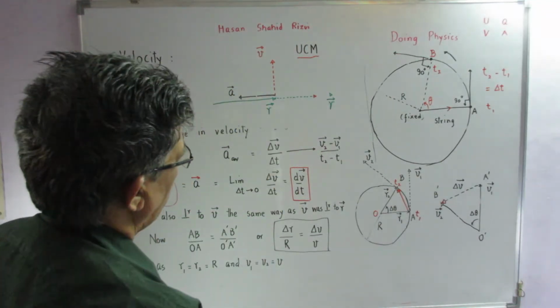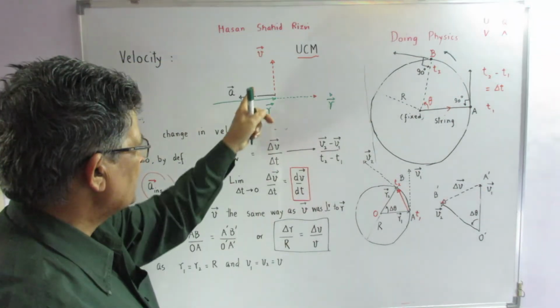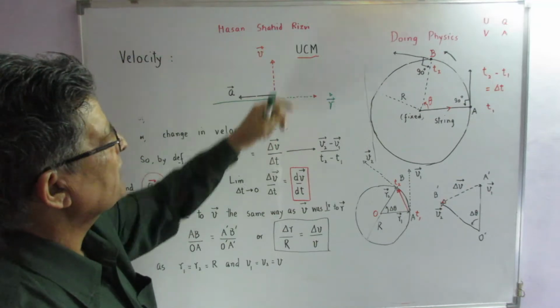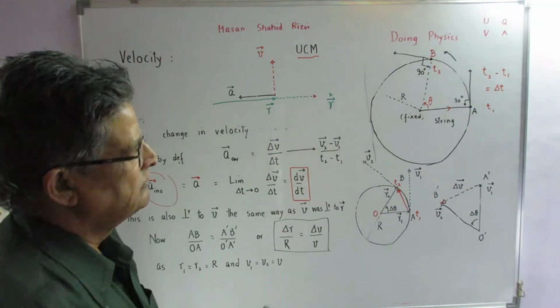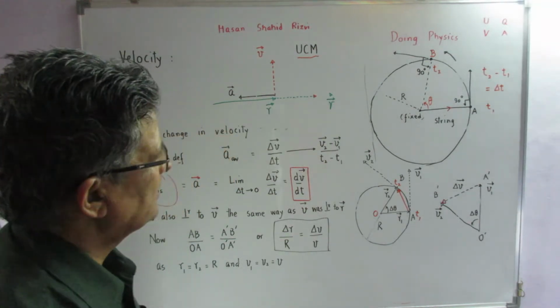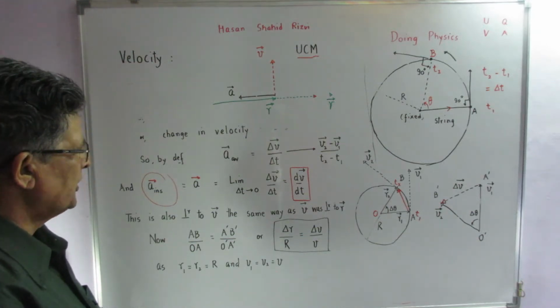So you can see this is radially outwards and this one is radially inwards, and of course the velocity vector is tangential to the path of the particle, the body, the mass under uniform circular motion.